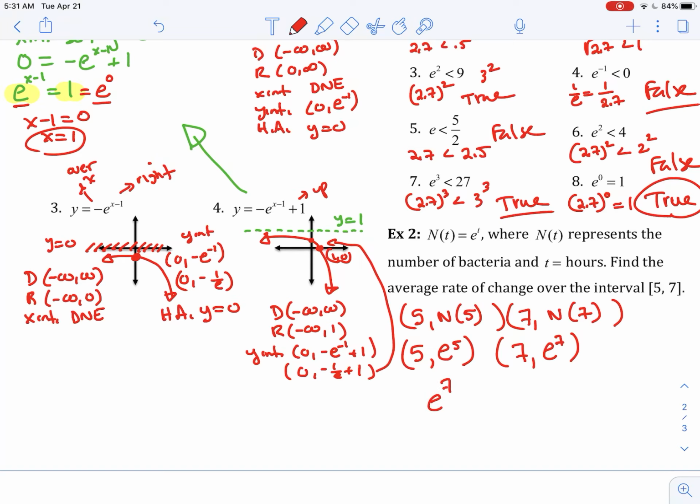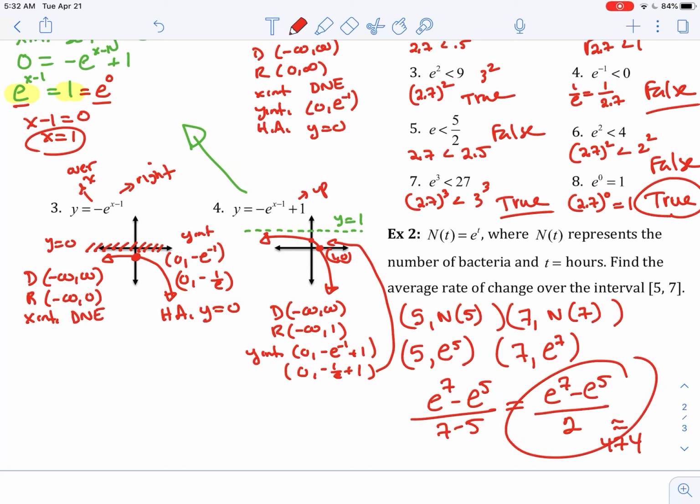So if I go and I calculate my slope, e to the 7th minus e to the 5th over 7 minus 5, change in y over change in x, and I just get e to the 7 minus e to the 5, all divided by 2, which if you were to plug that into a calculator, you would get approximately 474.